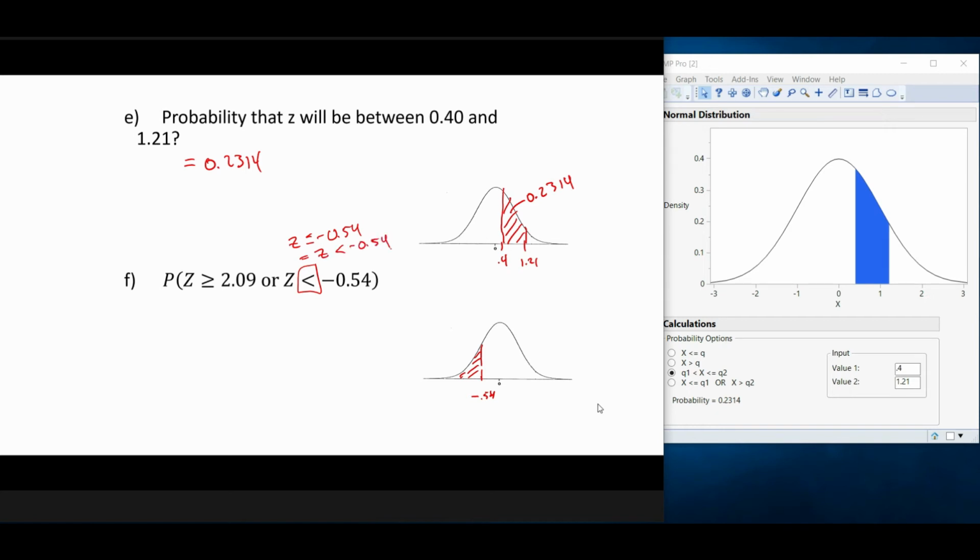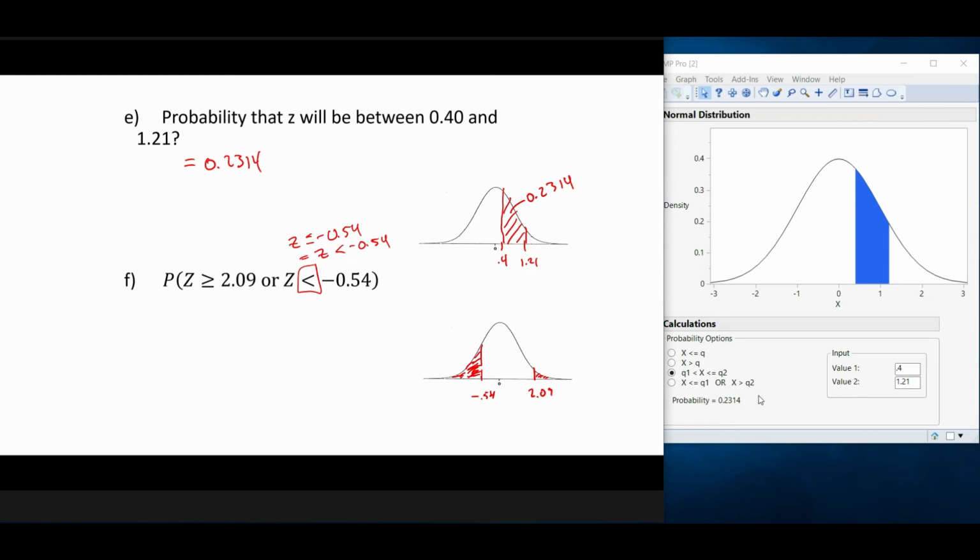Those two things are the same for a continuous random variable. So it's just all of that same area below negative 0.54. And then we want the area that's above 2.09. Right, so those two areas.